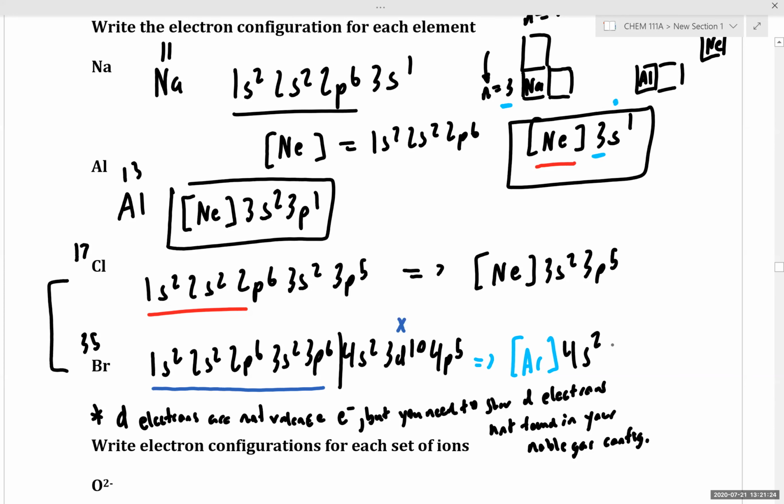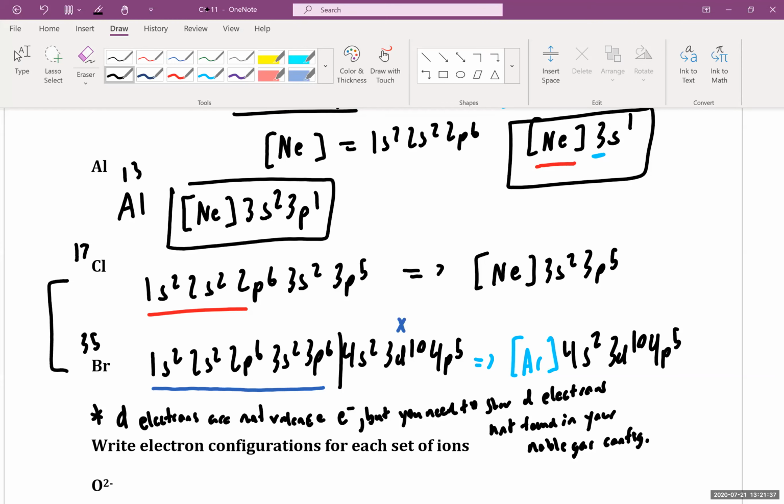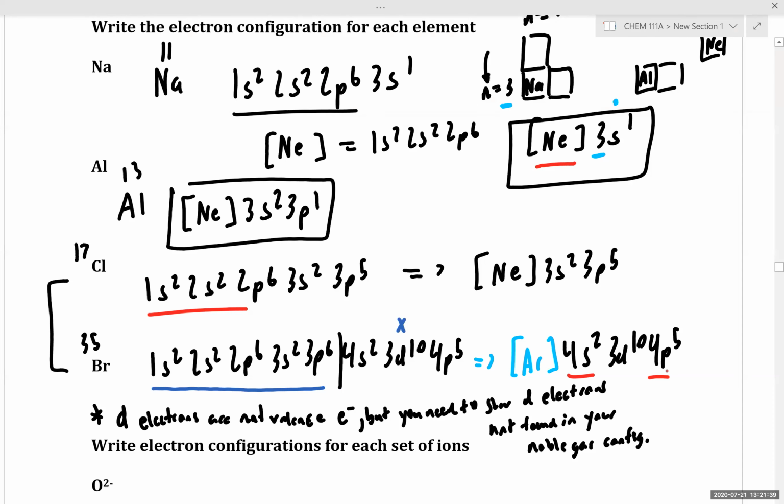So we write out 4s2, 3d10, and 4p5. So even though our d orbital electrons are technically core electrons, we still have to write them out because argon does not have 10 d electrons in its 3d orbital.